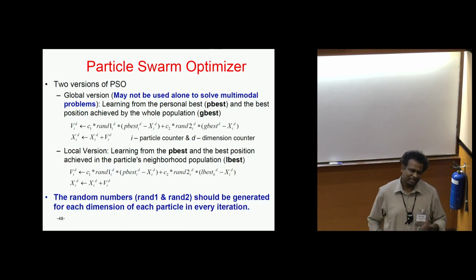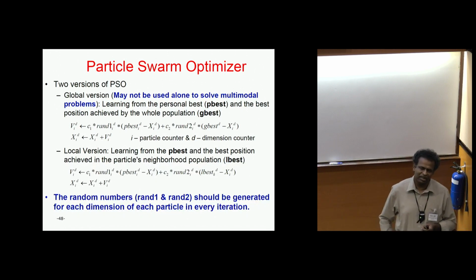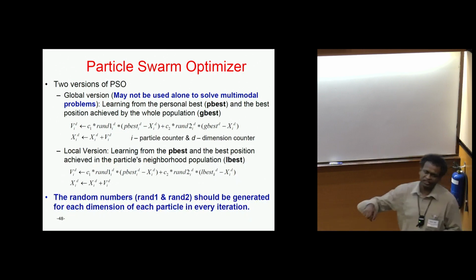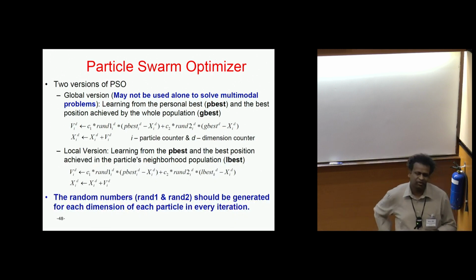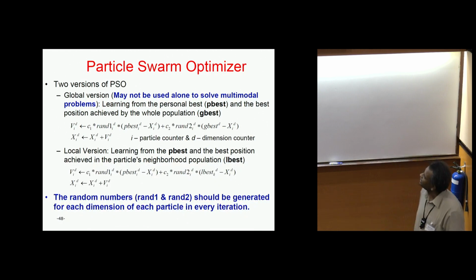And most of the time it is random initialization. So you are going to initialize your population randomly within the search space. With the initialization, you are going to have the initial positions as well as the initial velocity. So the velocity also has to be initialized within the limit. So they have some limits for the velocity as well.